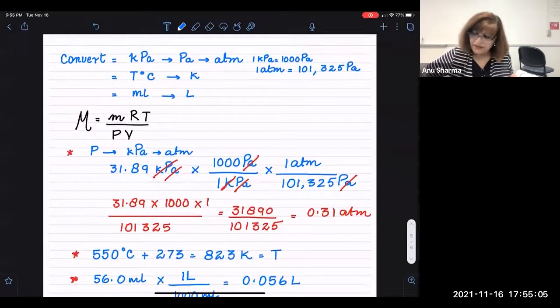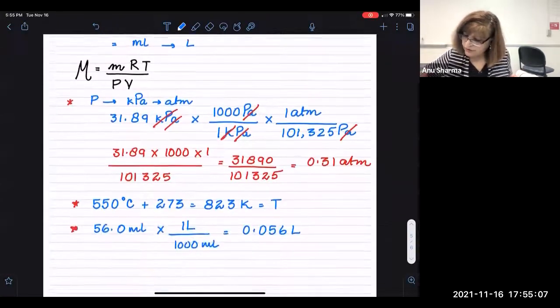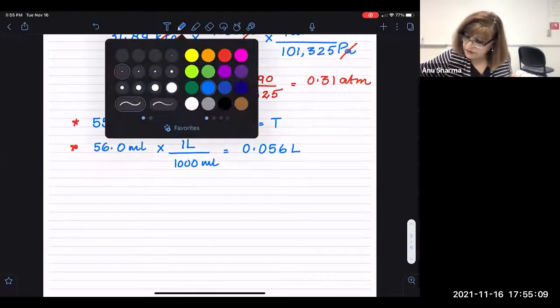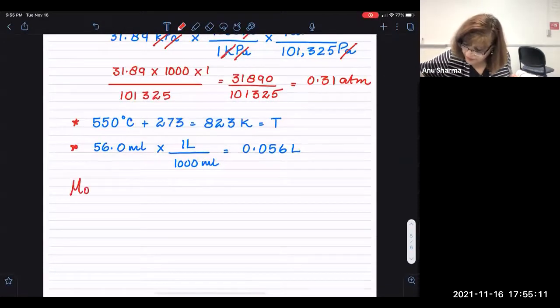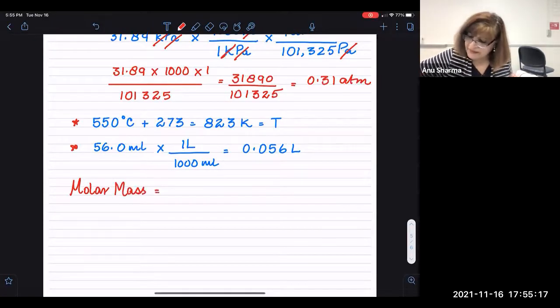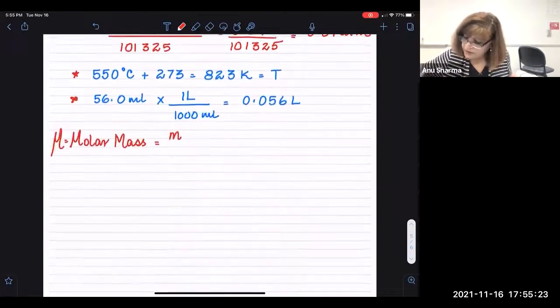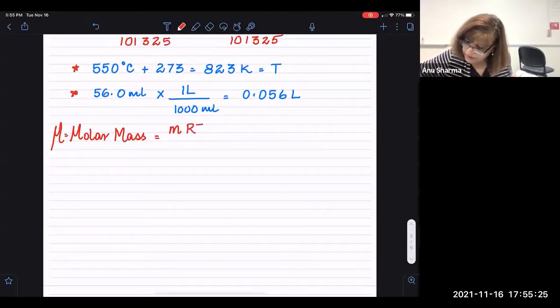Next, there is a formula with which we will get the molar mass. Molar mass M is RT over PV. So put these numbers.